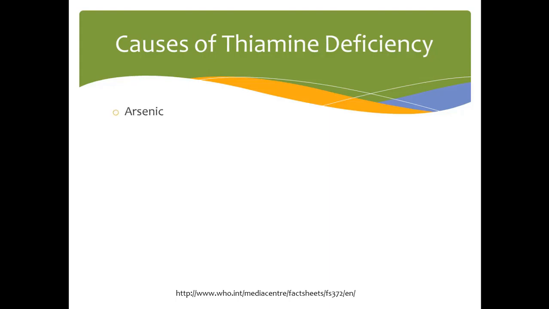Arsenic is one of the main contributing factors to thiamine deficiency. And where do we get arsenic from? Unfortunately, it can be high in our food. Rice, particularly from Southeast Asia, areas of the United States where a lot of pesticide use was used, particularly in the southeast of the U.S., where pesticides that were heavy in arsenic were used for cotton crops.